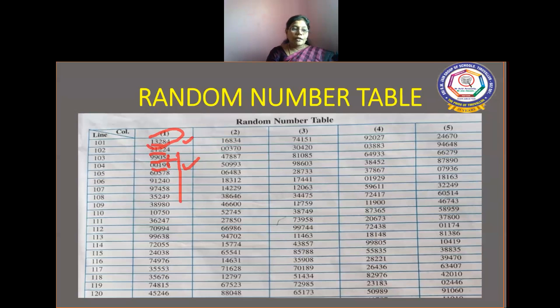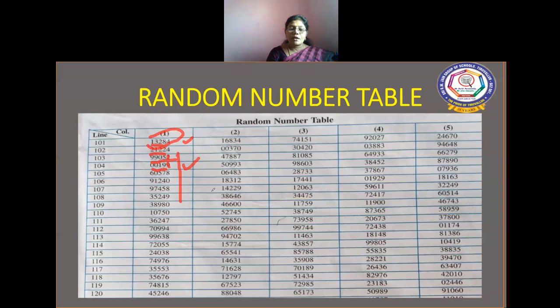So that is also one of the rules. So the draw of lots and random number tables are examples of unrestricted random sampling. It is called unrestricted random sampling because there are no restrictions or conditions attached during the process of selection.